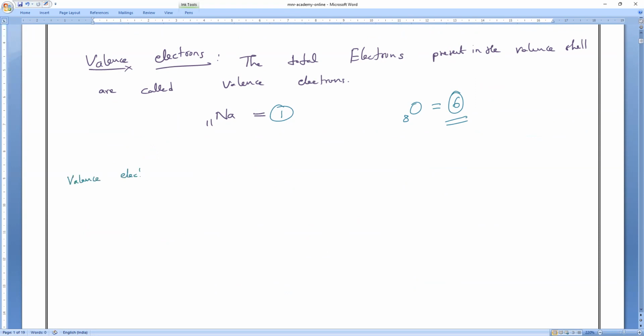So valence electrons may be how many present, everybody? 1 may be present, 2, 3, 4, 5, 6, 7 and 8. If only one shell is there, that shell name is K shell, then the maximum number of electrons is how many?